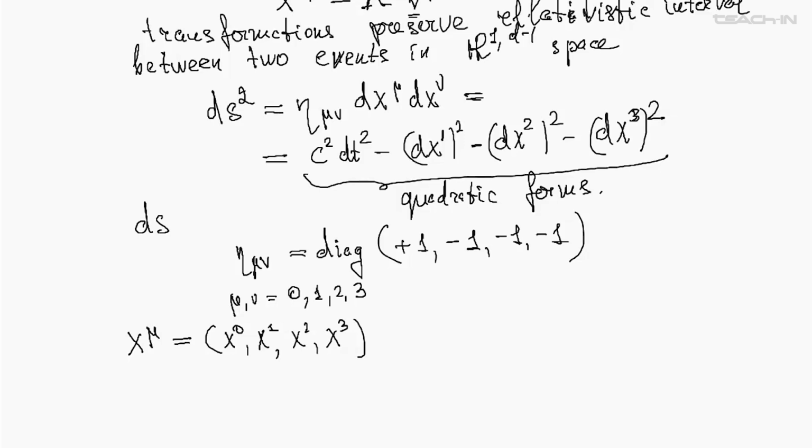There is no difference. Absolutely no difference. It's just that you may use a different convention, and actually in string theory people very often use a different convention where they put -1 here and +1, +1, +1 for the others. If you change the sign of the metric, then you have to interchange the notions of space-like and time-like intervals. But there is no principal difference between these two ways of describing the Minkowski metric.